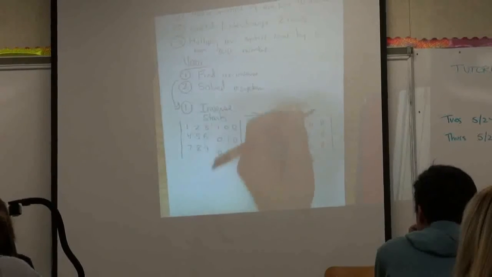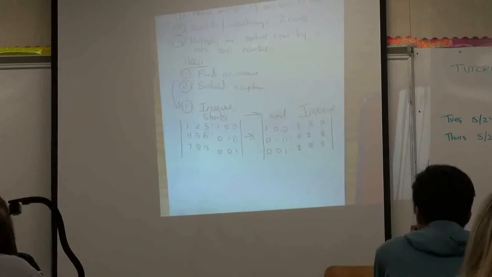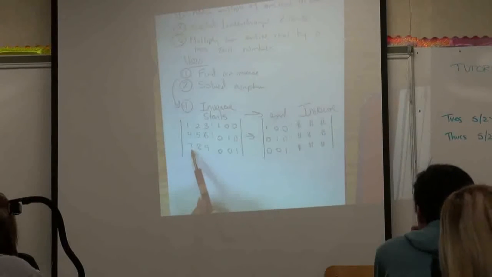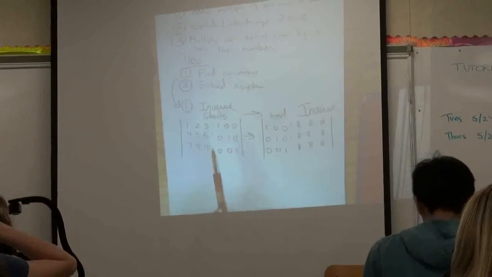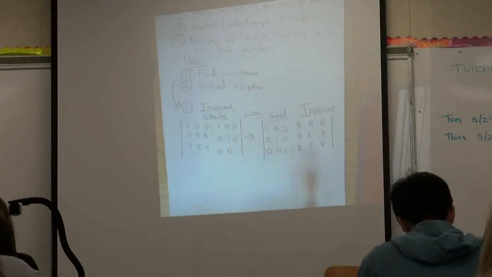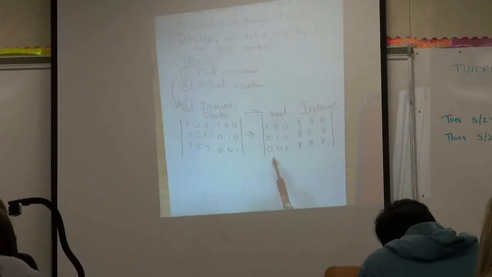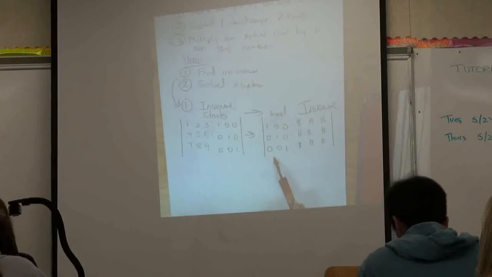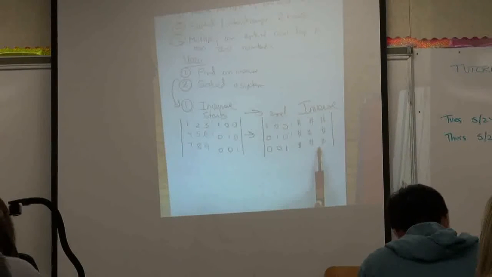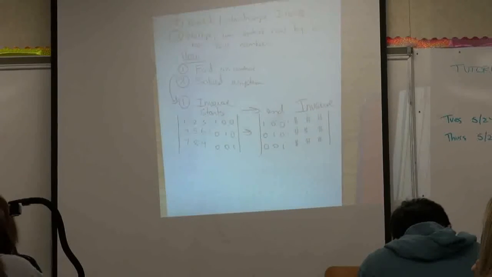The inverse. So you took your 3 by 3 matrix, augmented it with the identity matrix, and performed row operations with the goal of turning the left side into the identity matrix. Whatever you ended up with on the right side was now the inverse of the matrix you started with.